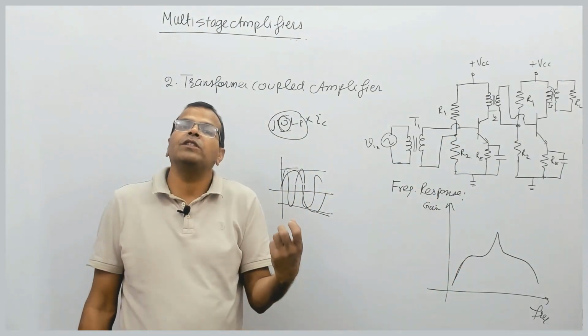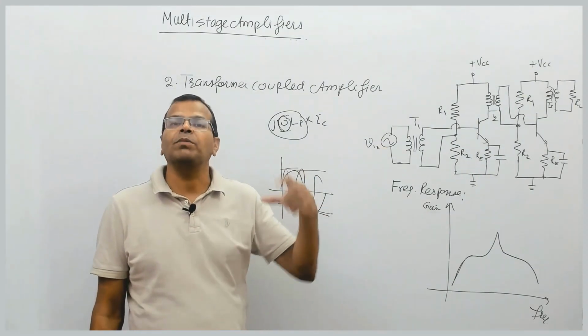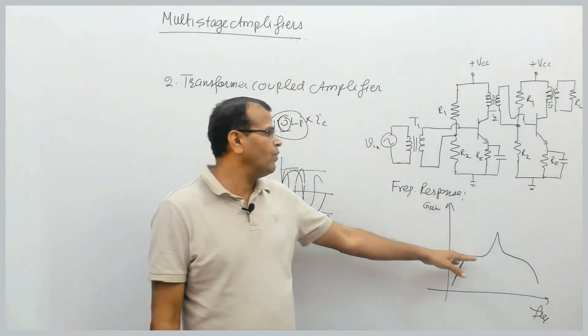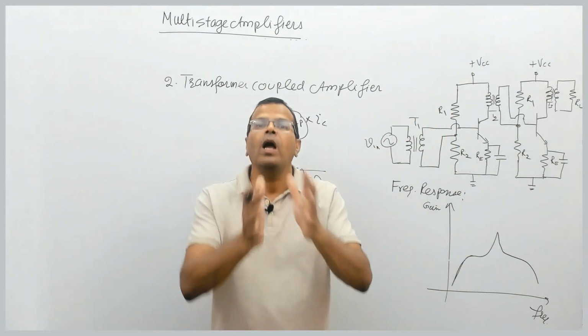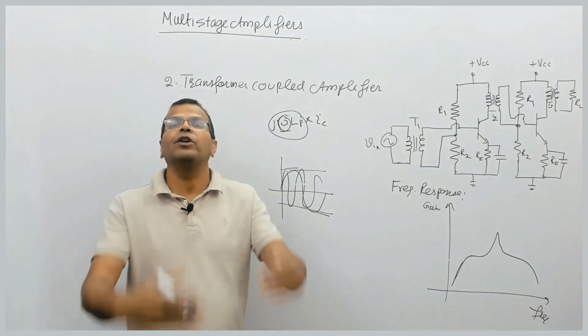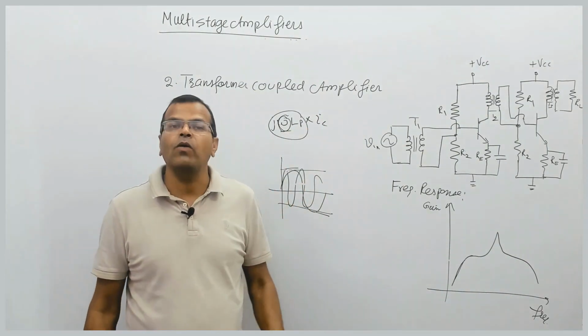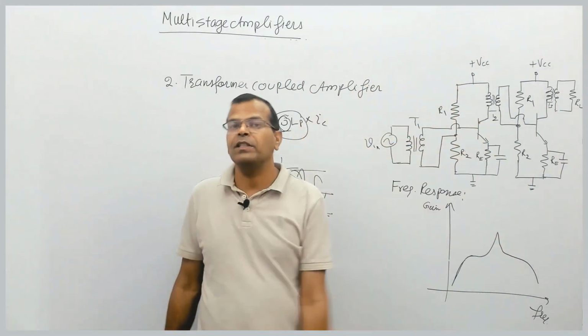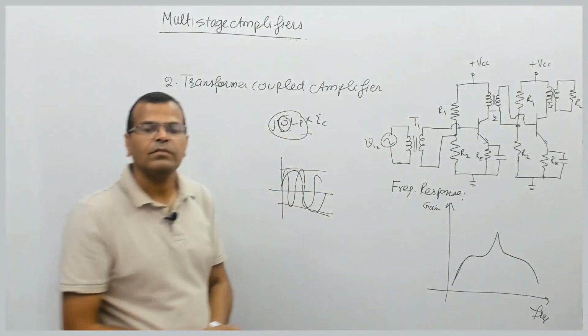If output voltage is reducing and input voltage is kept same in amplitude, that means gain is reducing. So gain of the transformer coupled amplifier is low at low frequencies, and it reduces with decrease in frequency. Fine. Now let us see high frequencies. At high frequencies, of course, gain is high.